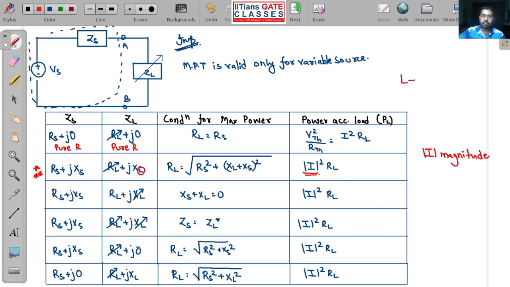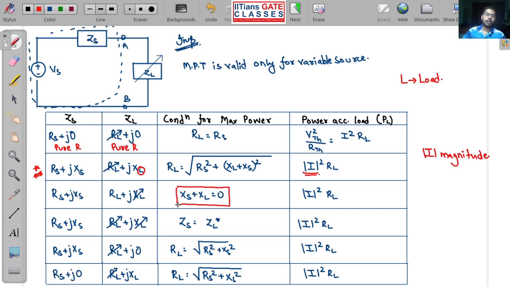This L implies it is my load, or else you might be replacing this XL by J omega L, thinking this is the reactance of my inductor. Don't do that. This is basically the imaginary part of my load. So the condition for maximum power transfer will be: XL plus XS should be equal to 0 for the maximum power transfer to take place.